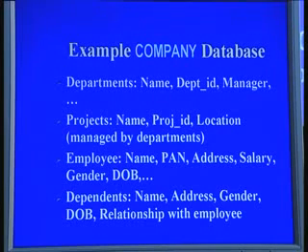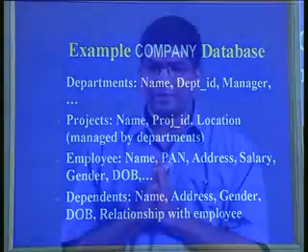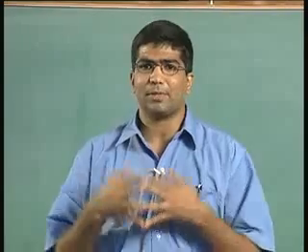For example, the name occurring after department here belongs to this department. The department ID belongs to this department. Similarly, the project ID belongs to project, and address belongs to employee, date of birth belongs to employee, and so on. Okay, so it not only belongs to employee, it also describes something about the employee.